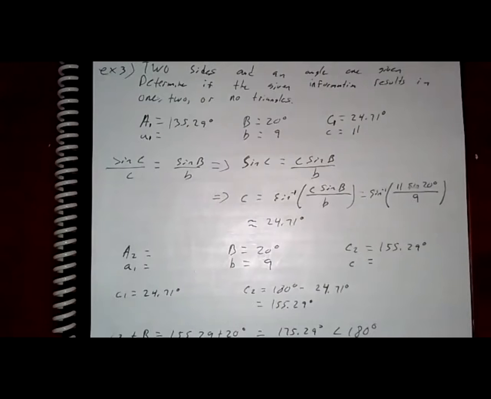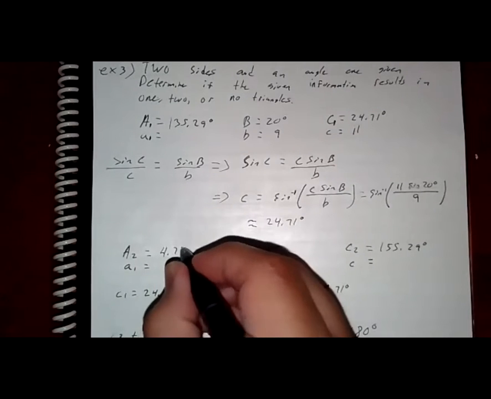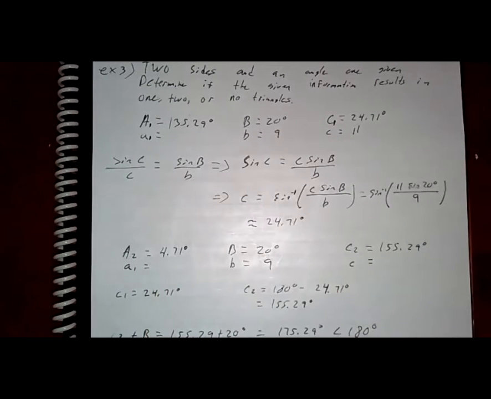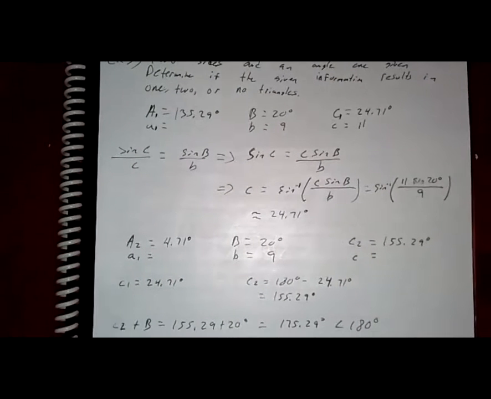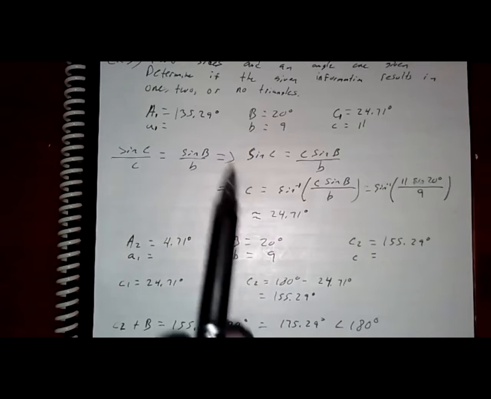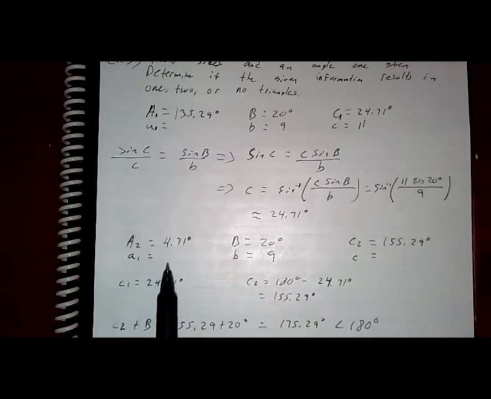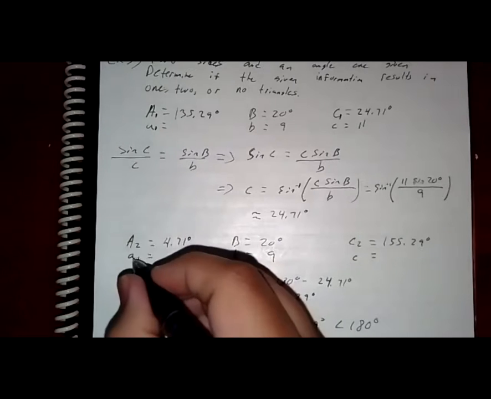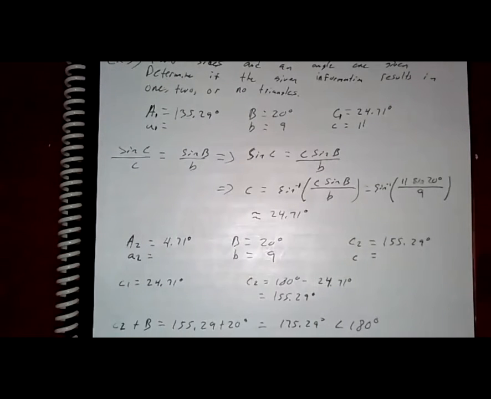Yes, sir. And I'm sorry, capital A2, what's that one going to be? 4.71. Yeah, so it's a small one, but it's just there. Small angle. So we're going to have to find A1 and A2. I don't know why I put a 1 there. Okay.